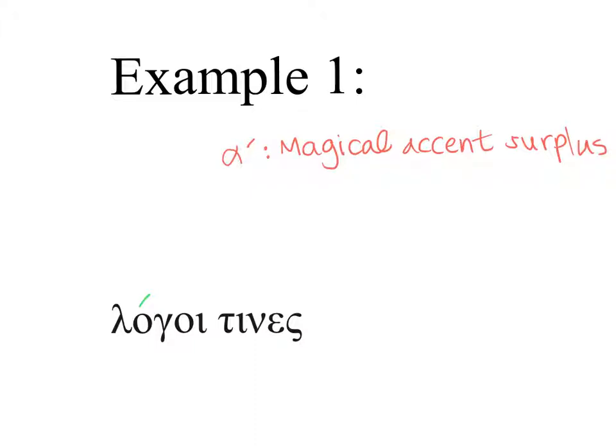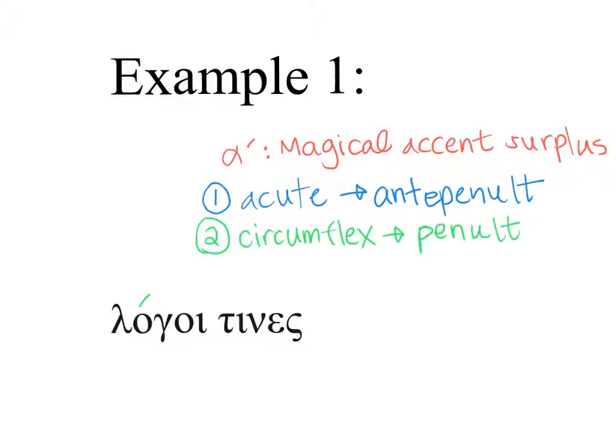So we will see 2 accents on one word if word 1 has either 1, an acute on the antepenult. Well, logoi is only 2 syllables, so it doesn't have an antepenult. Or 2, a circumflex on the penult. So it doesn't have a circumflex on the penult, it has an acute. So rule alpha is basically irrelevant.